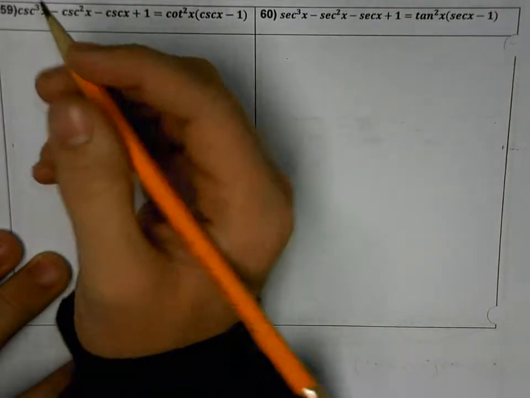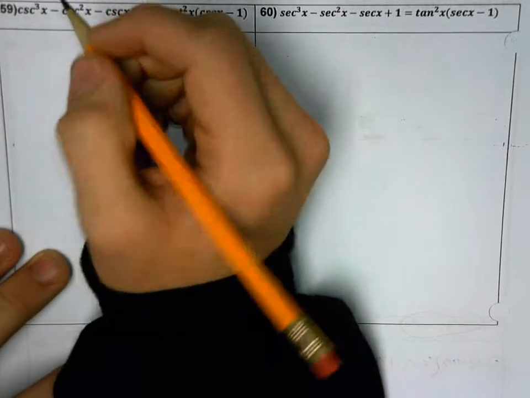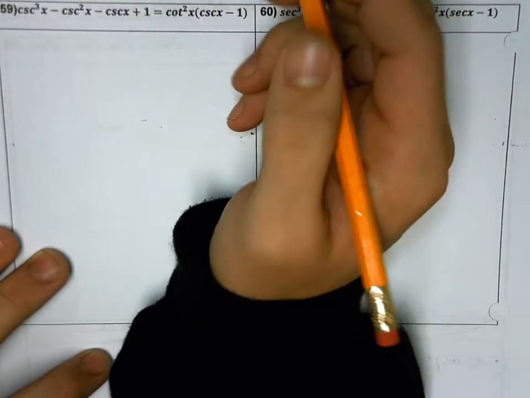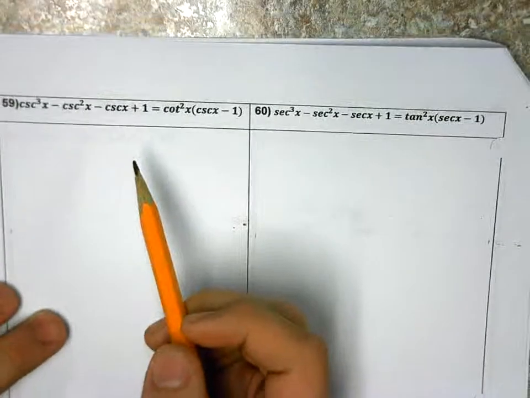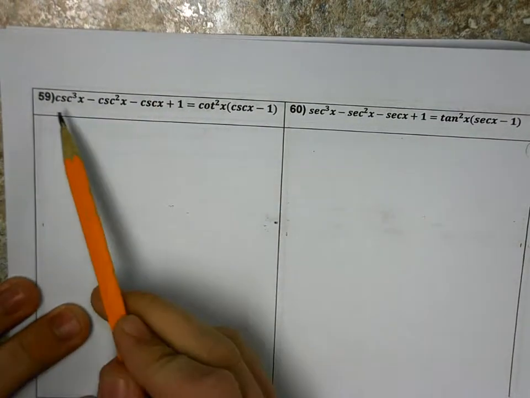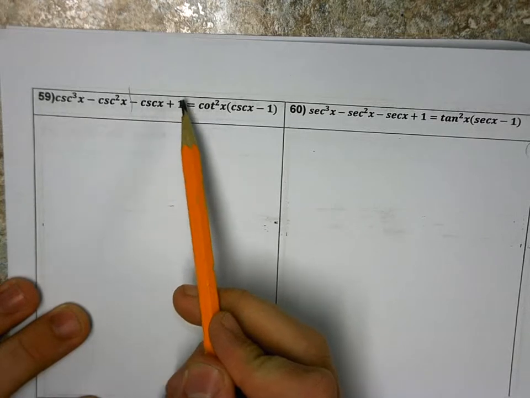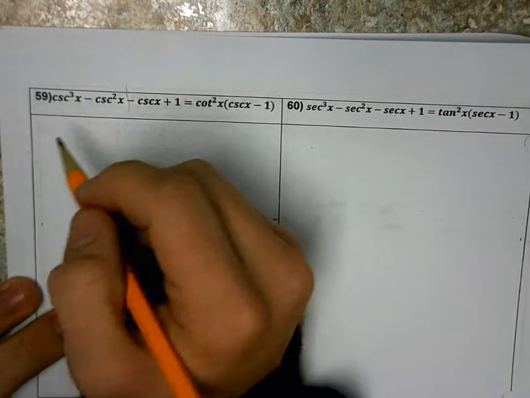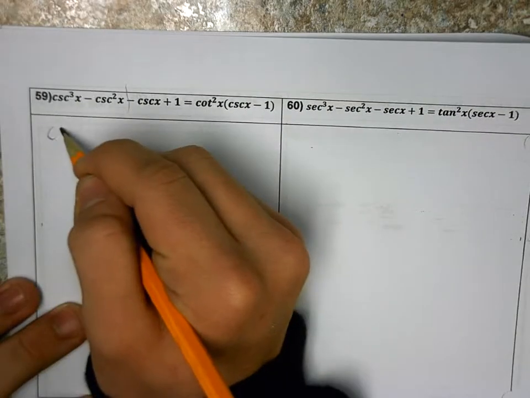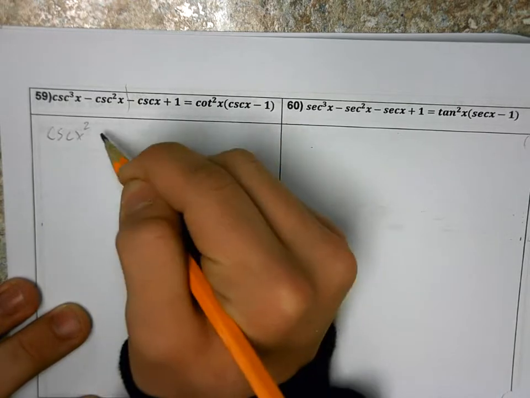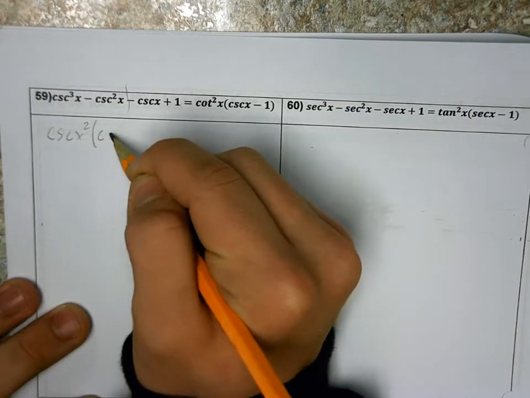Do you want to explain it? Yeah. All right. So first, you can see that this would be a factor by grouping thing because you got like the 3, 2, 1, nothing type thing, and so it'd be cosecant x squared would be your thing you take out.